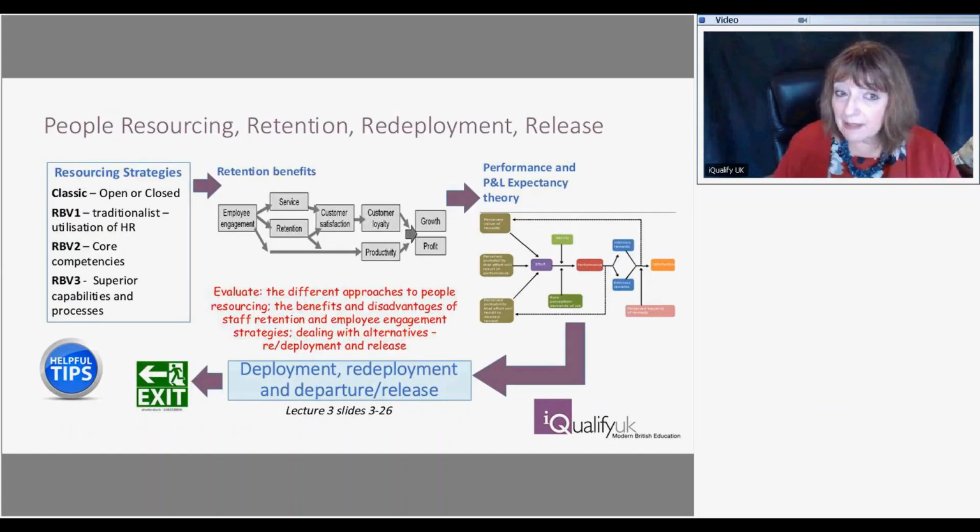So capture our slides again, and what we've got for the next section is people resourcing, retention, redeployment and release. And in this one slide, you've captured all of that. So our resourcing strategy based on, do you remember what RBV stood for? RBV stands for resource-based view. So there was a classic approach to resourcing, either open or closed.